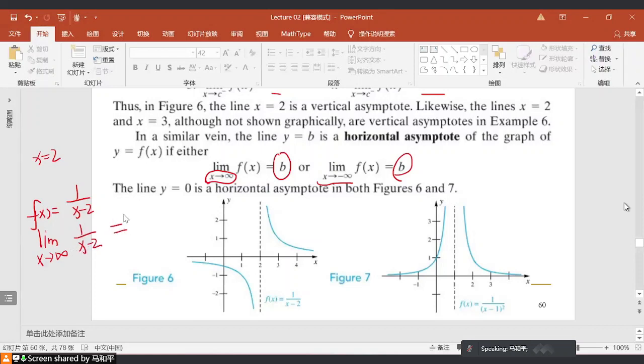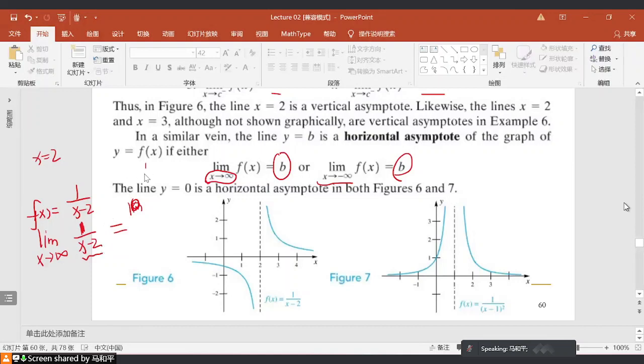We find the numerator is the constant 1, but the denominator gets larger and larger without bound.